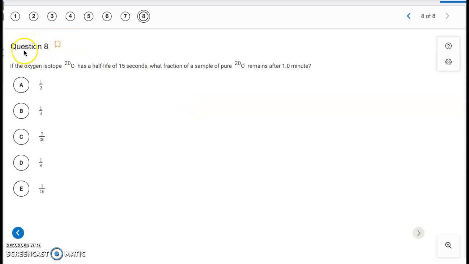Okay, and then question 8. If an oxygen isotope O20 has a half-life of 15 seconds, what fraction of a sample of pure O2 remains after 1 minute? All right, so in 1 minute, we have 4 of these 15-second half-lives. So this is going to go through 4 half-lives.